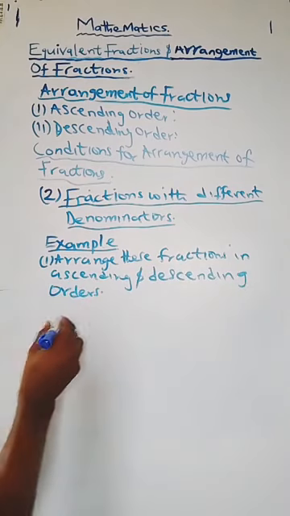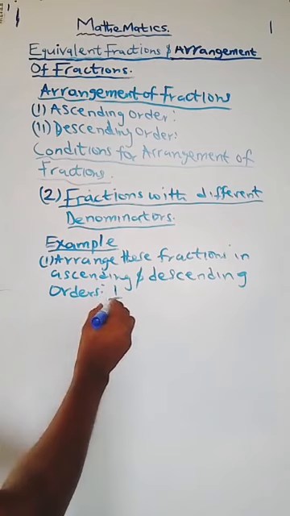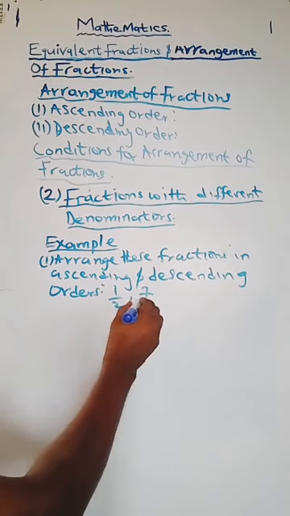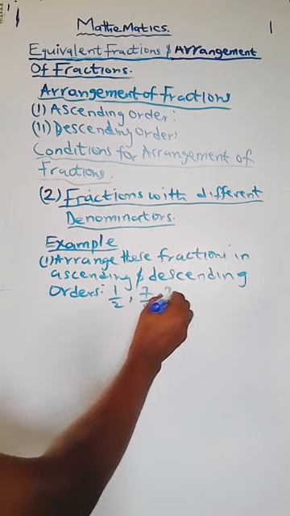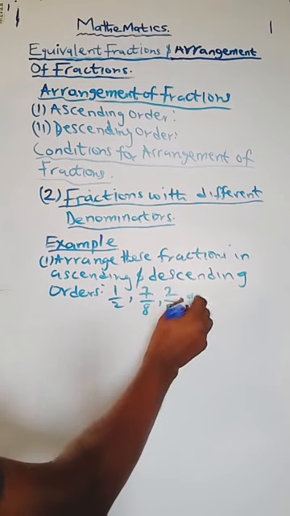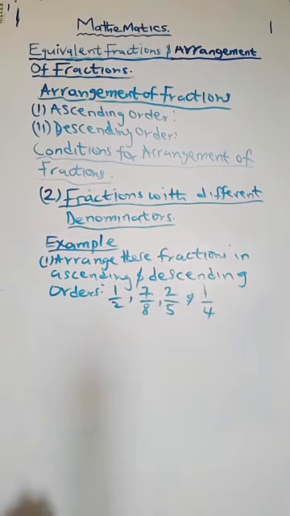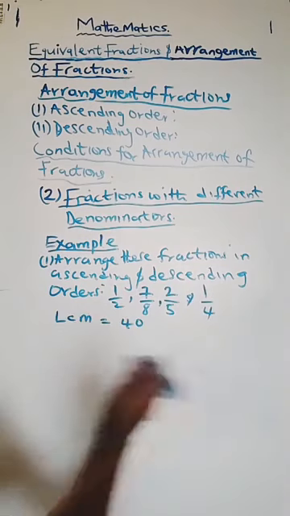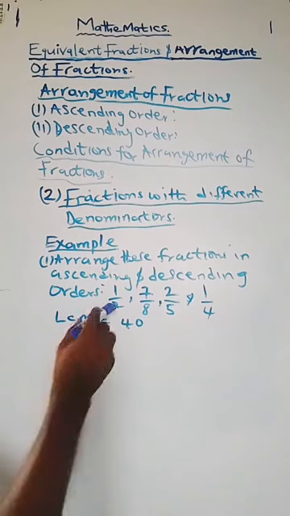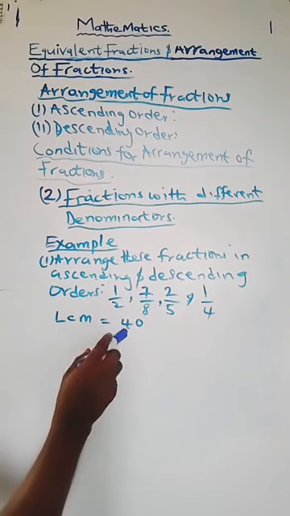Let's say you have 1/2, 7/8, 2/5, and 1/4. When you have these fractions with different denominators, what we first consider is their LCM. The LCM of 2, 8, 5, and 4 is 40.